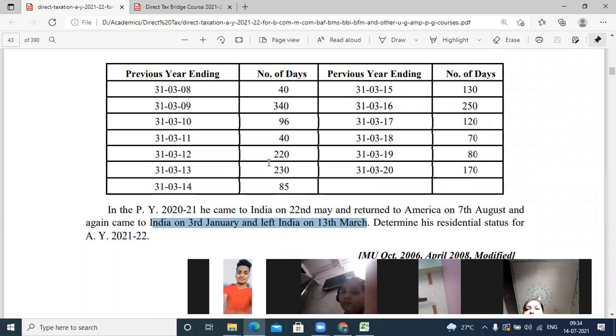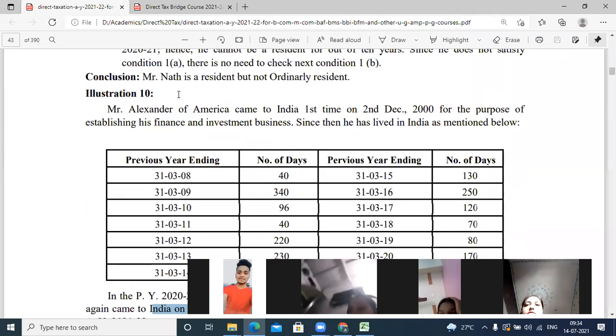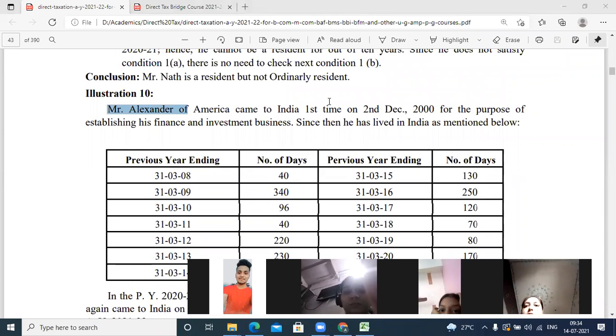What you will do? Tell me now, Mr. Alexander will be covered under section 6 or 6(1) or 6(1)(a)? Old provision.